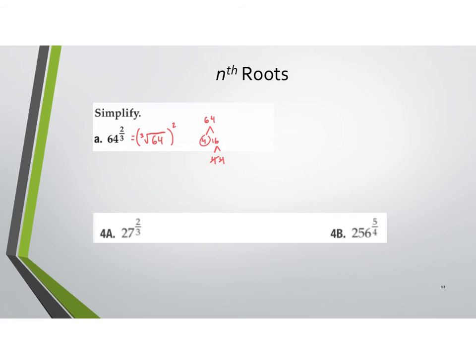Now 4 is going to go inside my parentheses. So this simplifies to 4 squared. Then we need to continue simplifying. We're not done yet. So your overall answer is 16. And that's your final answer.